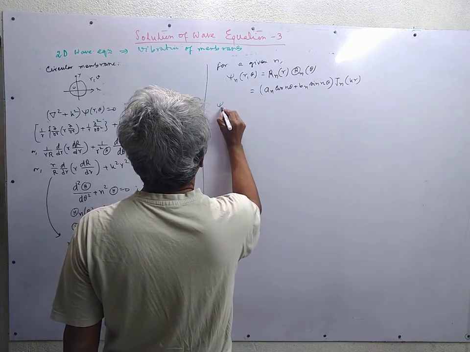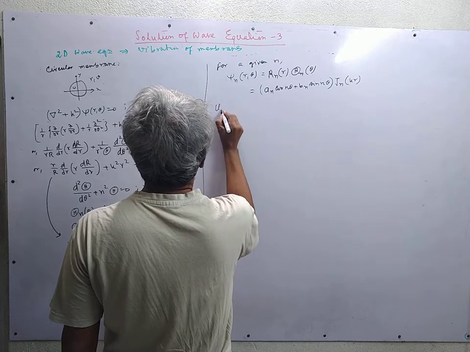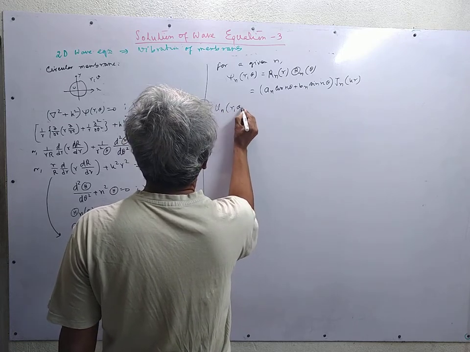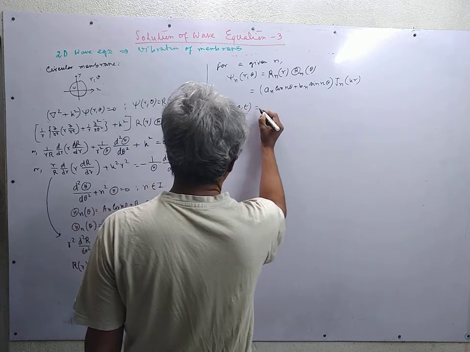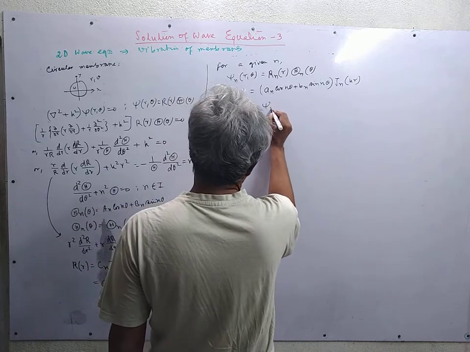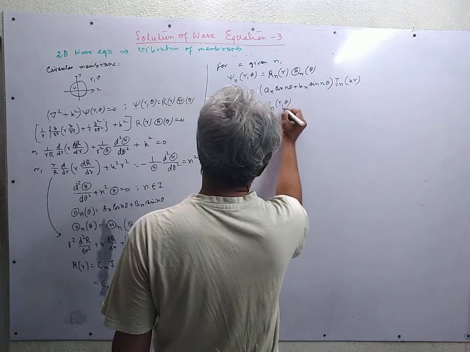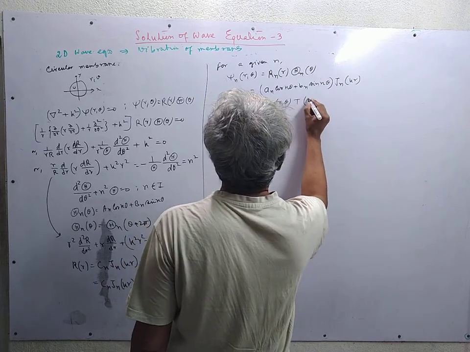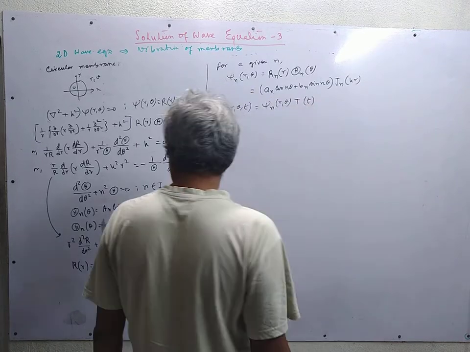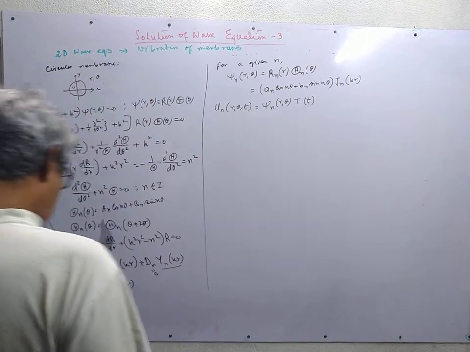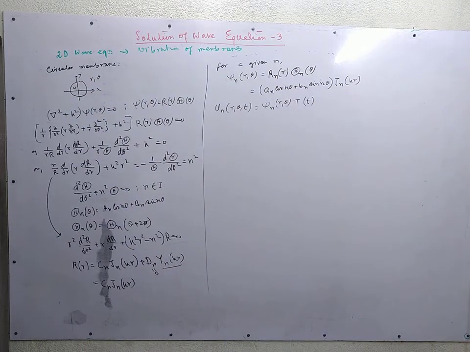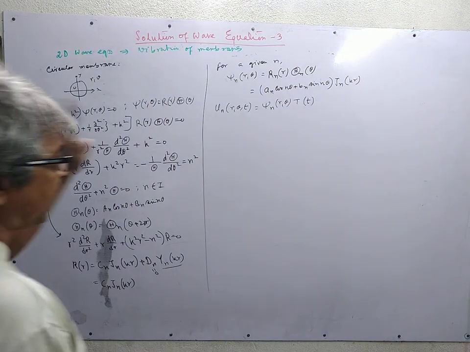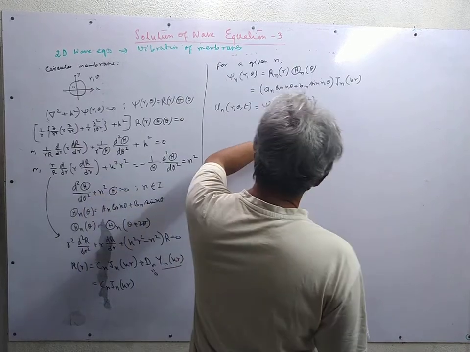For the time part, the general solution is u_n(r,θ,t) = ψ_n(r,θ) T(t), and you see that T_n is obtained in terms of omega.